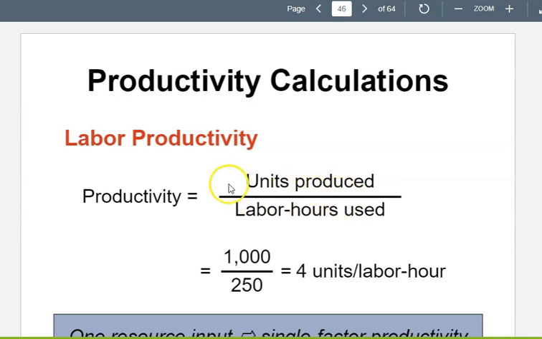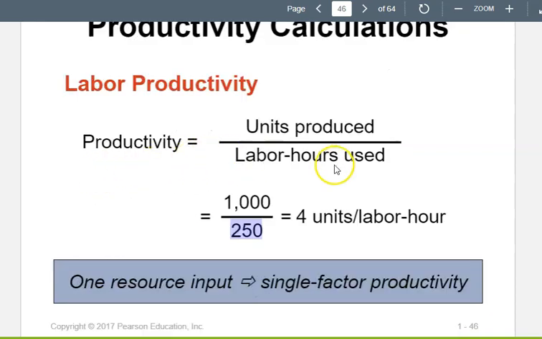So for productivity calculations, let's talk about labor productivity, for example. Productivity equals units produced divided by labor hours used. In some questions on exams and homeworks, you will be given the value of labor hours used. So just use the number given to you. In this case, for example, 250 labor hours.